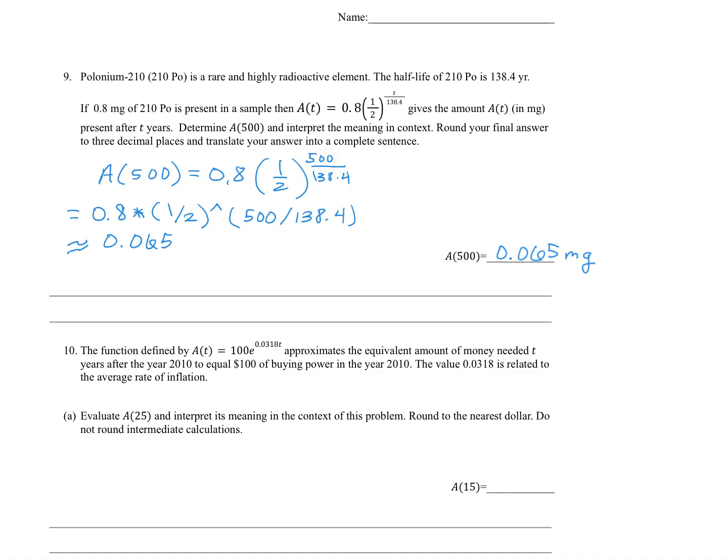And so to translate our answer, after 500 years, that was our t value we plugged in, we have 0.065 milligrams remaining. And again, that 0.065 came from a calculator. We cannot get those numbers in our head. All right, so that's our first example of an exponential application.